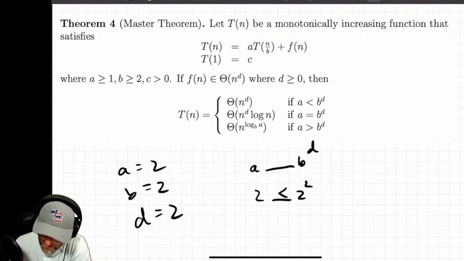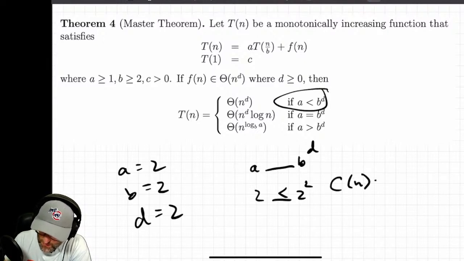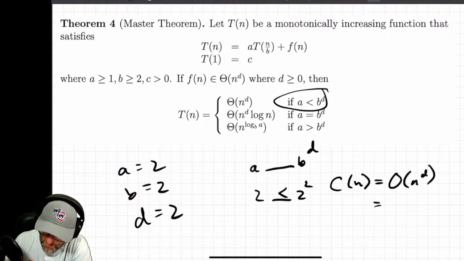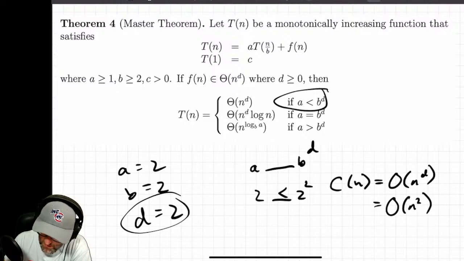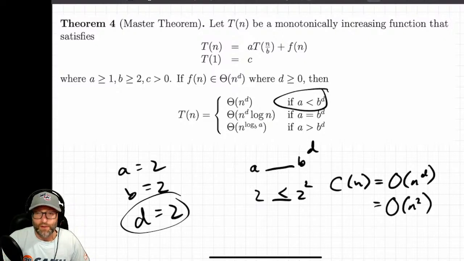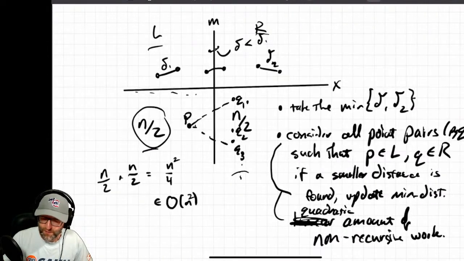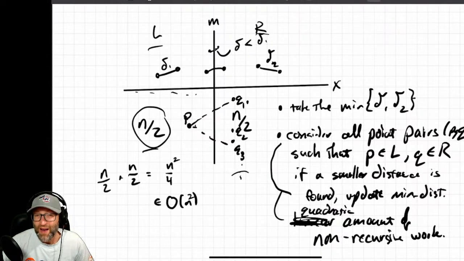This is greater than. And so by case 1 of the master theorem, we get that the number of comparisons made by this algorithm is going to be order n to the D. But we've already observed that D is 2. Asymptotically, it's no speed up. It's no different. So unfortunately, our clever little way of doing this didn't really buy us anything.